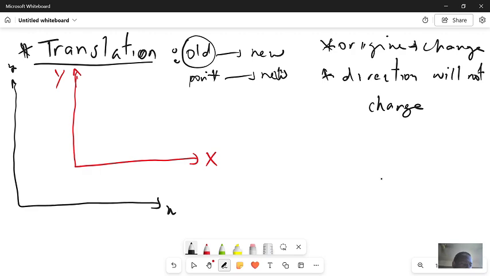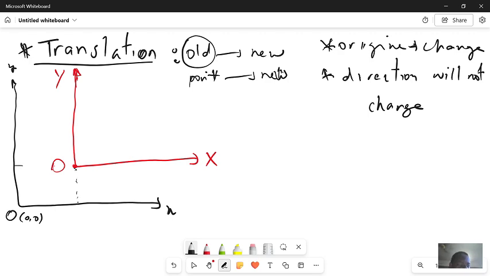Now I have the origin of this one is O, meaning that the coordinate of this O is 0, 0. But the origin of the new plane is 0, 0 with respect to this plane, but it's not 0, 0 with respect to the old plane. This origin of the new plane, I can determine its coordinate.